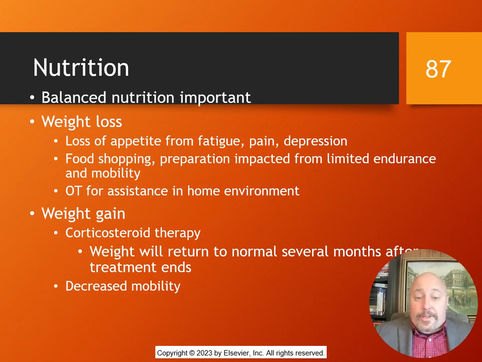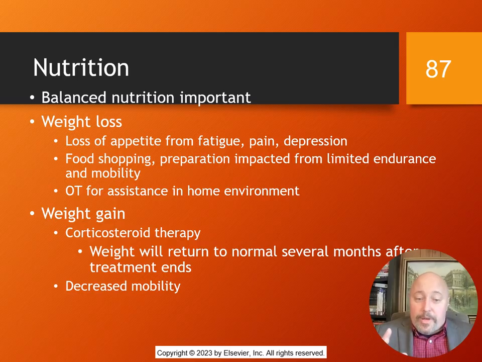Nutrition will play another key role in the treatment of this disease. We want to minimize the weight loss coming secondary from the pain, fatigue, and depression, and help the patient with everything from food shopping, assessing what they're able to cook themselves, and making sure that they're able to have balanced, healthy nutrition prepared for them. Another thing to be aware of is the weight gain secondary to the corticosteroid therapy.